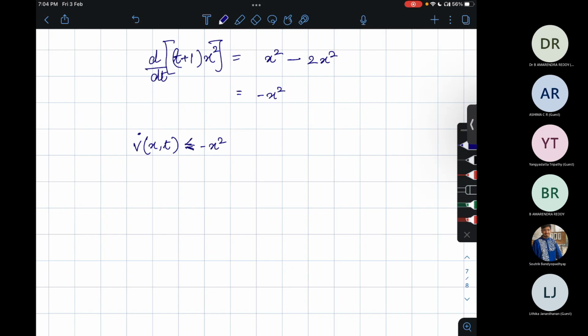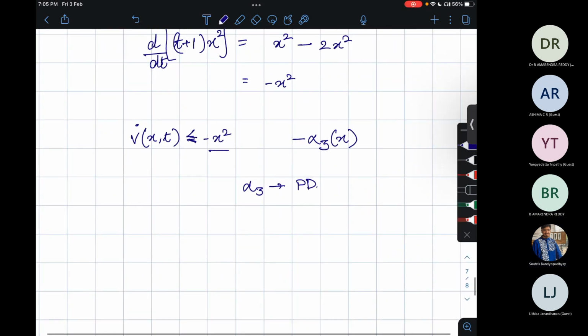This is essentially minus alpha 3 of x, where alpha 3 is positive definite, right? X squared is positive definite, so minus of x squared is negative definite. So this is essentially a negative definite function.